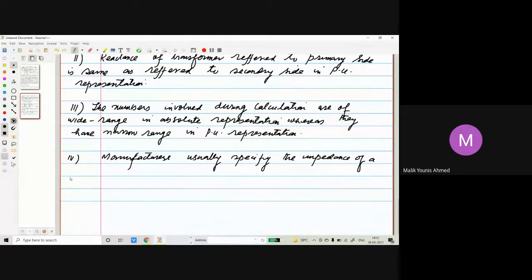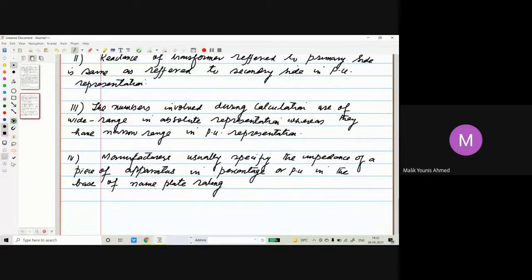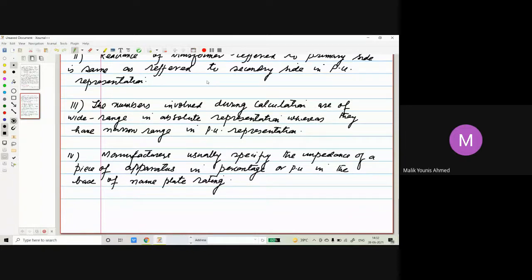Manufacturers will also specify the ratings of the various equipment in per unit, so we also need to take advantage of that.